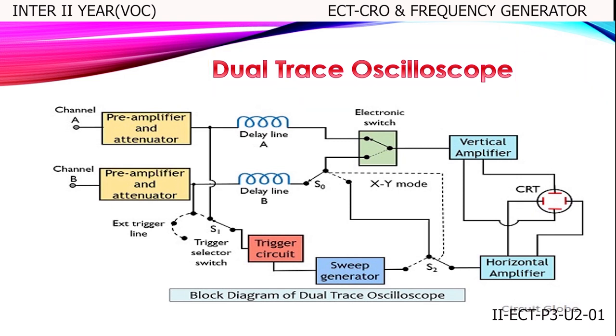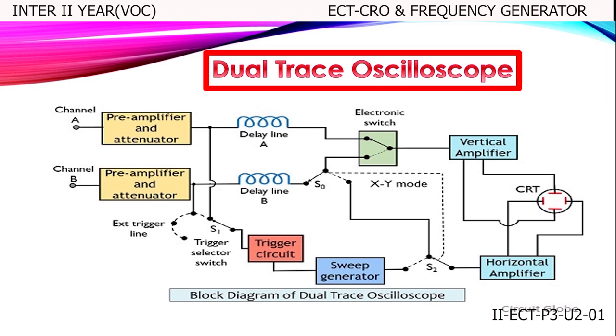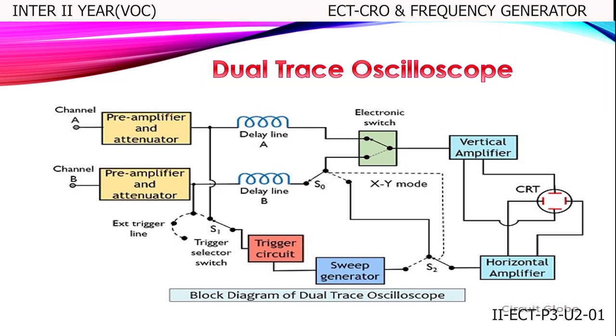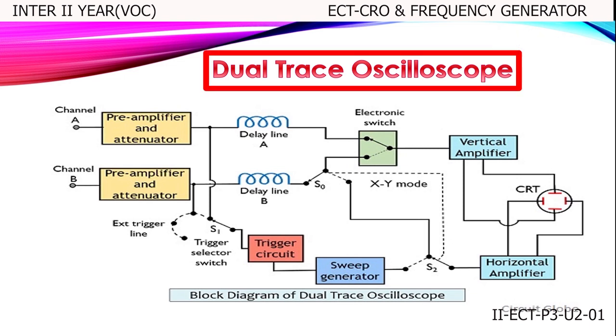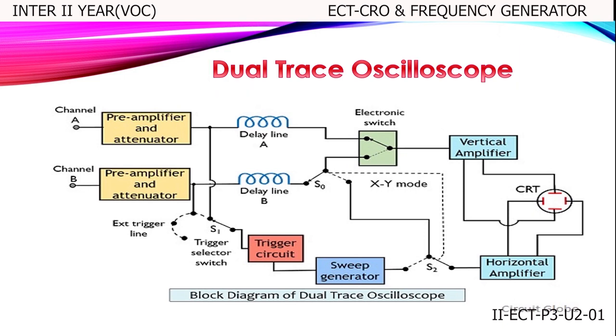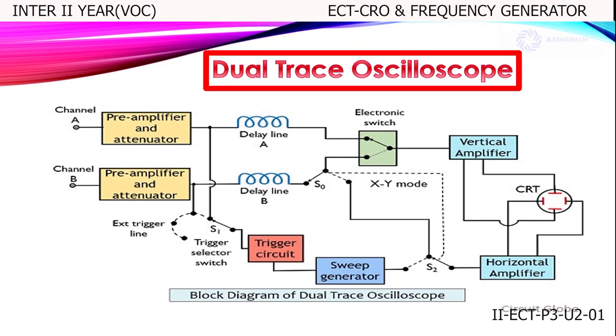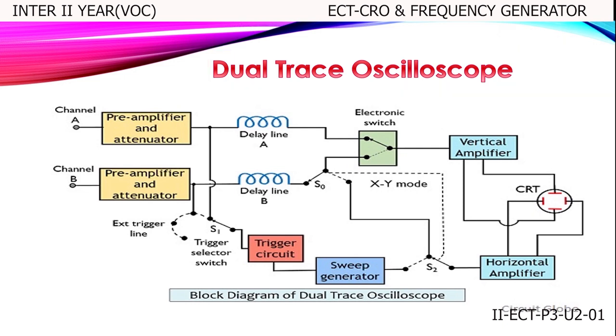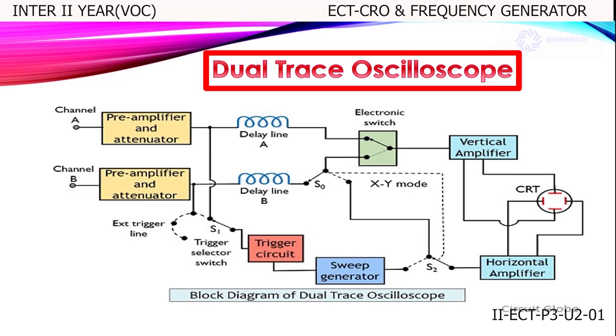In this way, the vertical signal from channel A and horizontal signal from channel B is provided to the CRT for the operation of oscilloscope. This is the XY mode of the oscilloscope and permits accurate XY measurements.